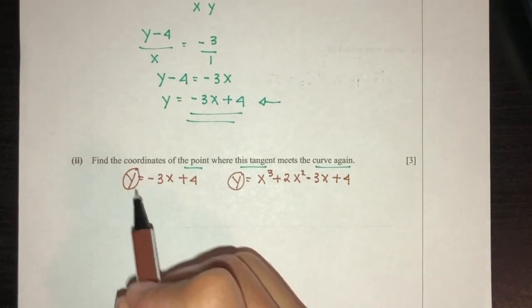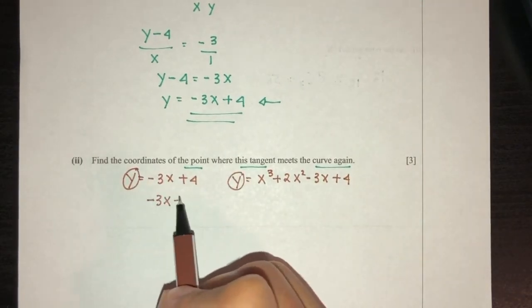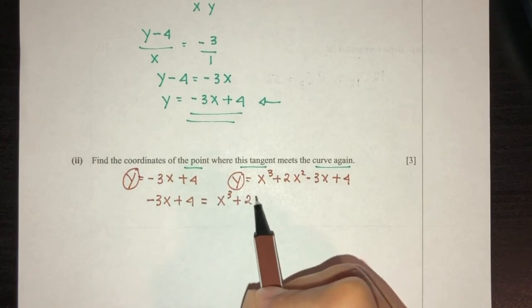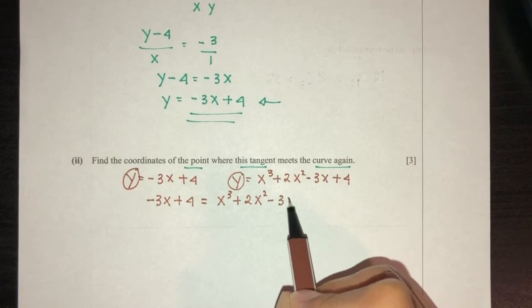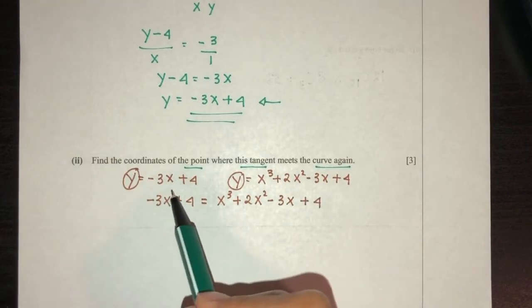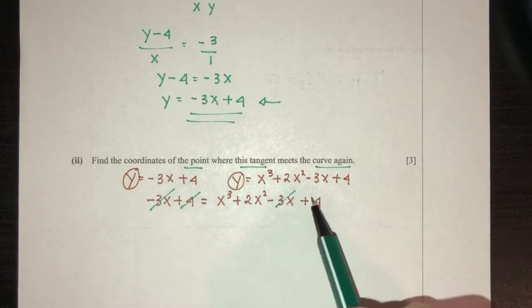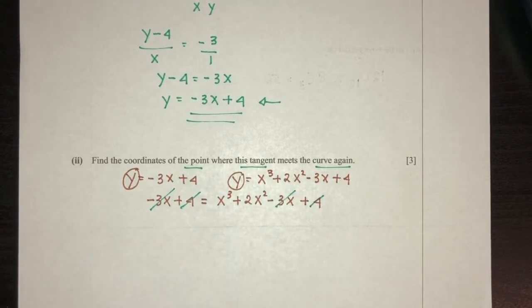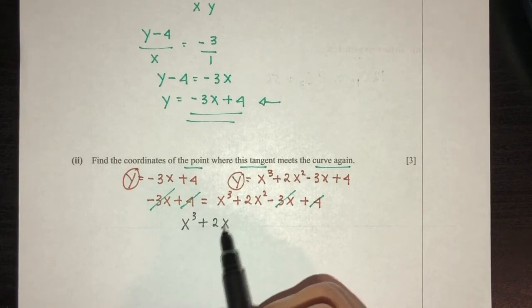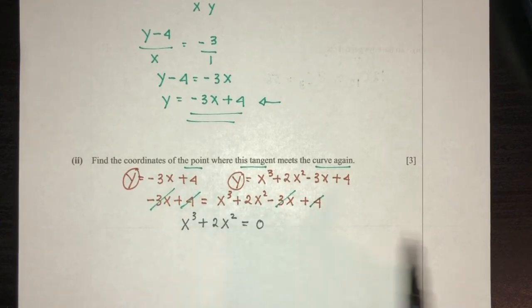You will have minus 3x plus 4 equal to x cubed plus 2x squared minus 3x plus 4. As you can see, the minus 3x and the 4 cancel out on both sides. So you will end up with x cubed plus 2x squared is equal to 0.